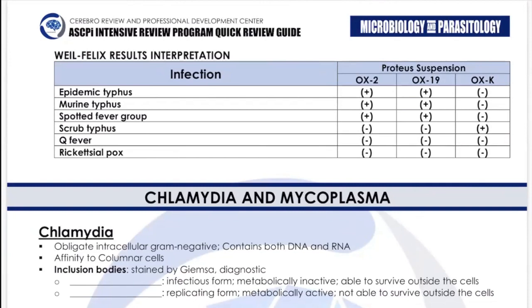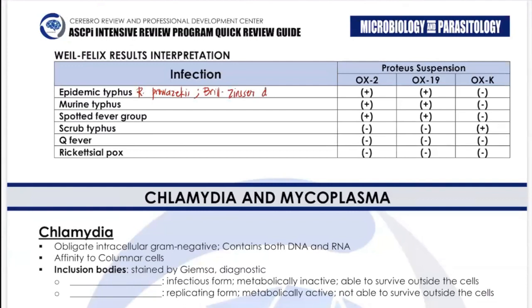Okay? So for the epidemic typhus, the causative agent of epidemic typhus is Rickettsia prowazekii. And dito gusto kong tandaan din ninyo yung tinatawag natin na Brill-Zinsser disease. Okay?